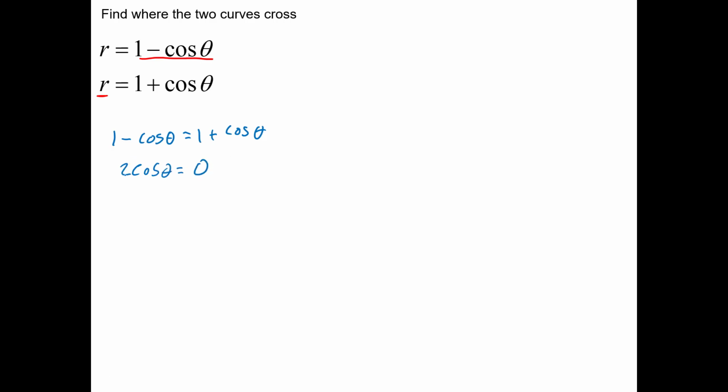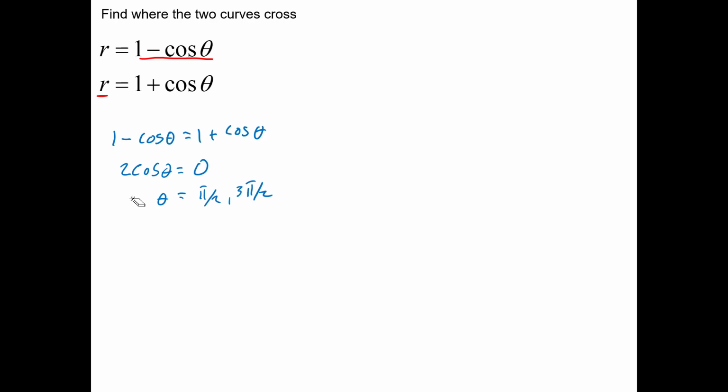I'm sorry, 2 cosine of theta is equal to 0. And so then theta is pi over 2, or 3 pi over 2 in the interval from 0 to 2 pi. The cosine of theta is 0 when theta is equal to pi over 2 or 3 pi over 2.